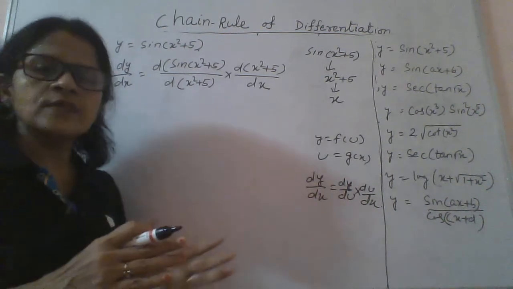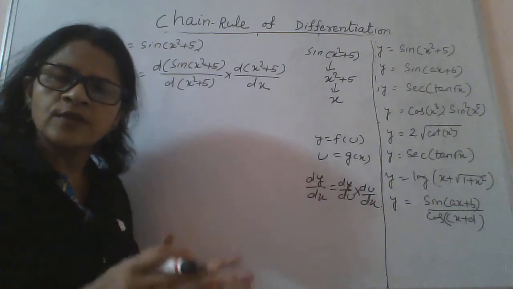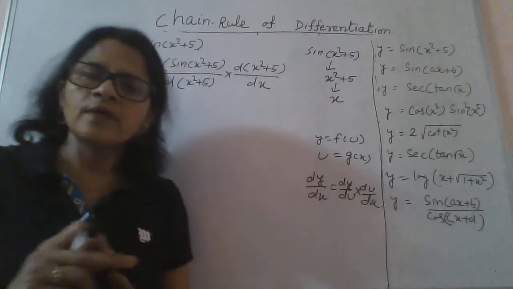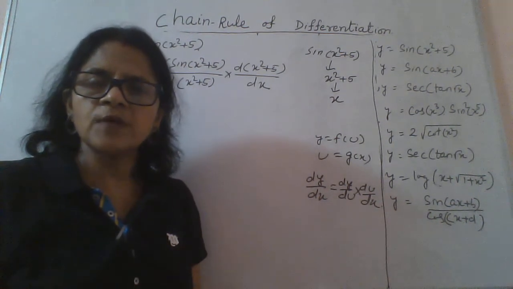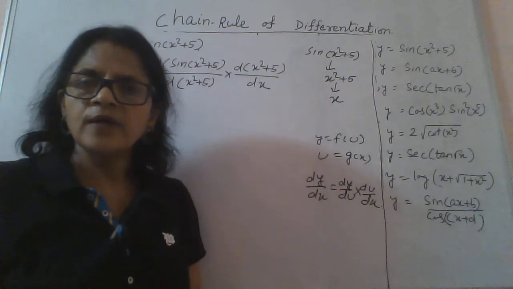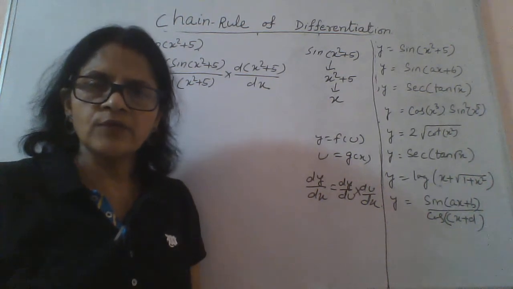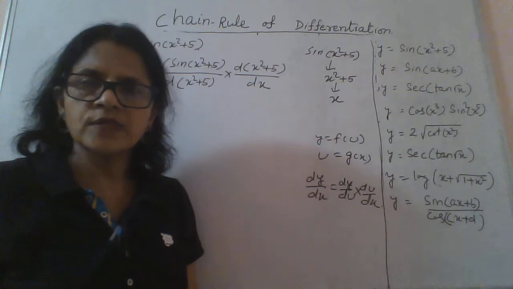Whenever we say derivative of sine x with respect to x, we write cos x. The derivative of sine y with respect to y will be cos y. The derivative of sine t with respect to t will be cos t.